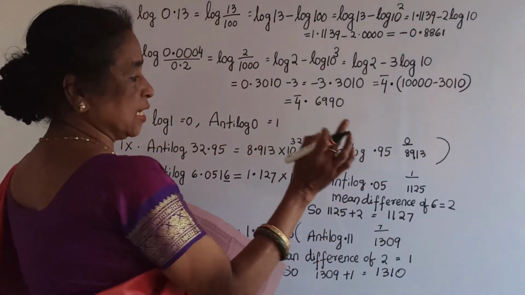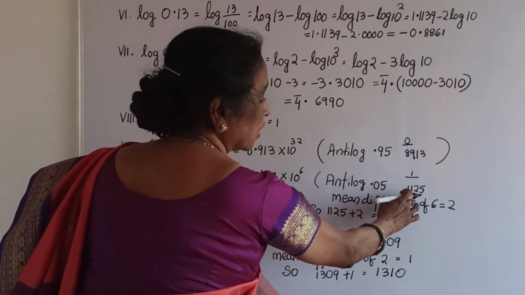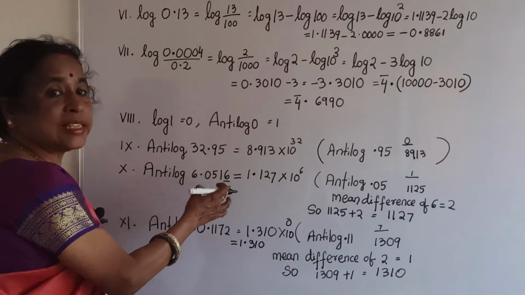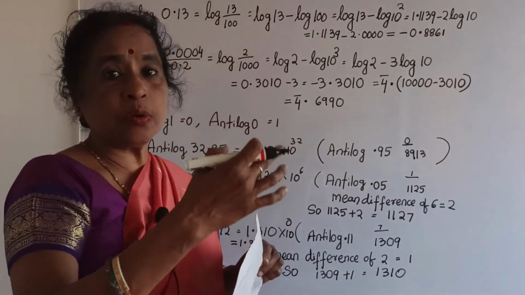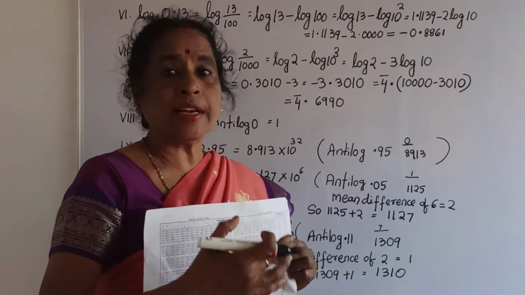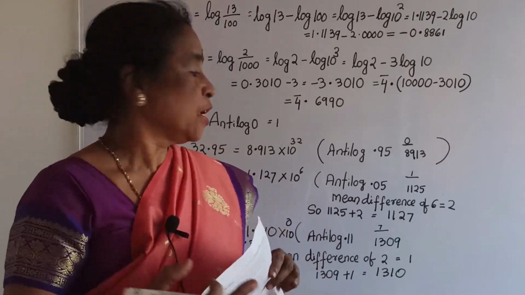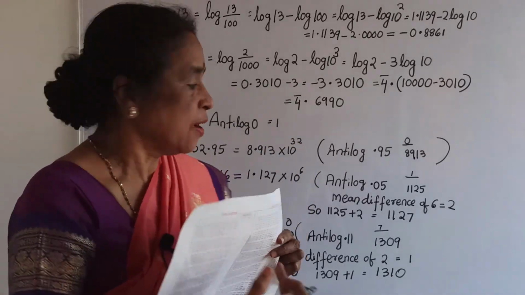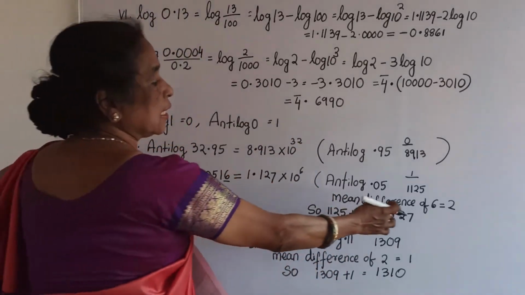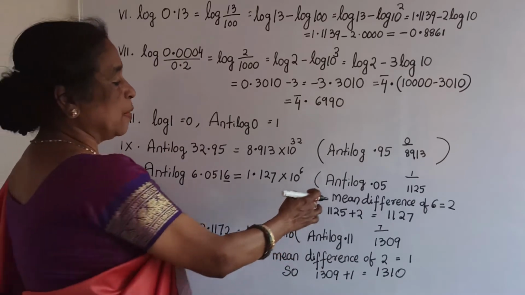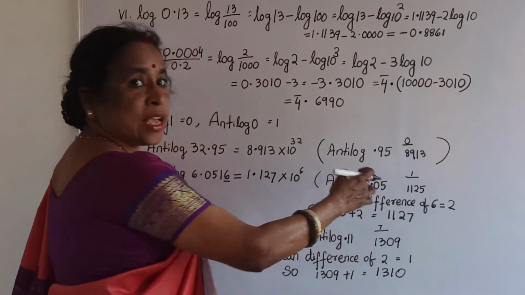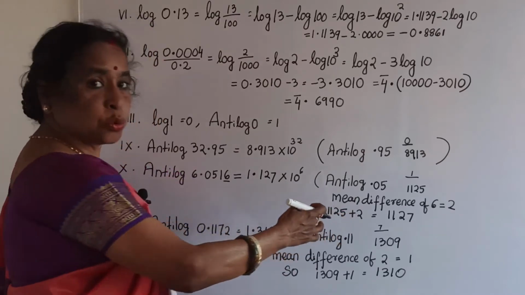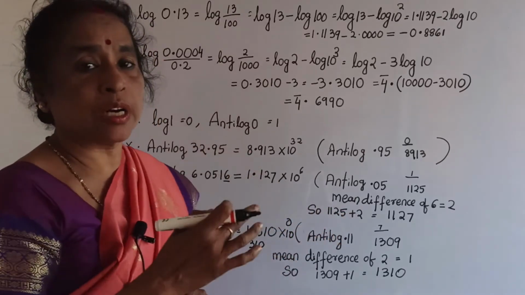You can see the value written is 1125. Then after 1 there is another digit, that is 6. How can you calculate the 6? You find the mean difference of 6. You see 0.05 and mean difference 6. The value is equal to 2. That means mean difference of 6 equal to 2. So 1125 plus 2, that value comes to 1127.